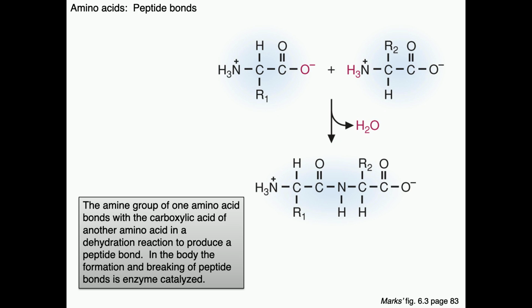The sequential linking of amino acids in this linear polymer makes proteins. And of course the precise sequence of the amino acids is determined by the codon sequence of the mRNA, and then ultimately by the DNA that is encoding the gene.